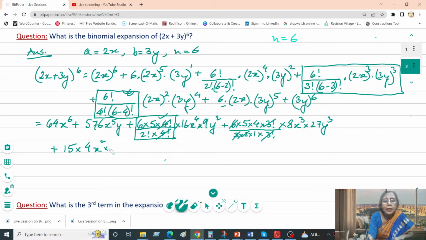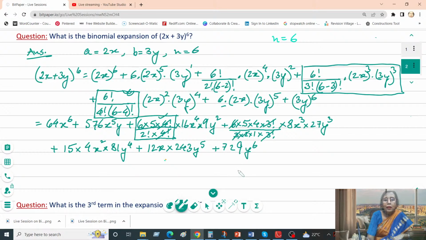So 9 times 9 is 81y to the power of 4 plus 6 times 2 is 12, 12x and 81 times 3 is 243, 243y to the power of 5 plus 3 to the power of 6. 243 times 3 is 729, 729y to the power of 6.